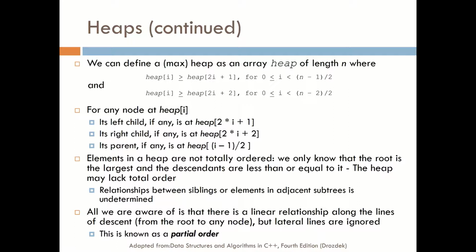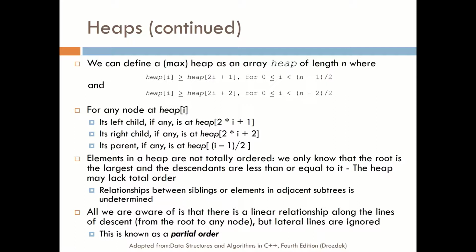Now, elements in a heap are not totally ordered. We only know that the root is the largest in this case when we talk about a max heap, and that the descendants are less than that root, but the heap may actually lack a total order.